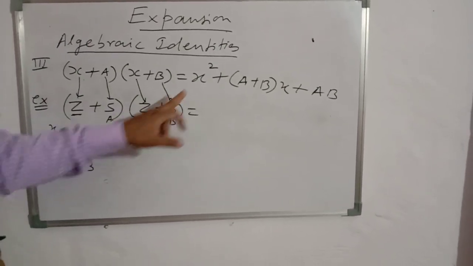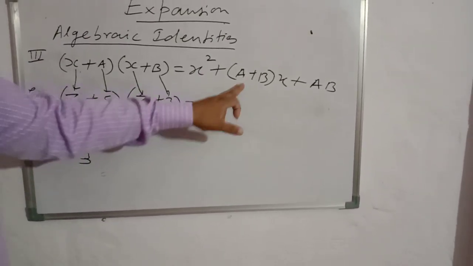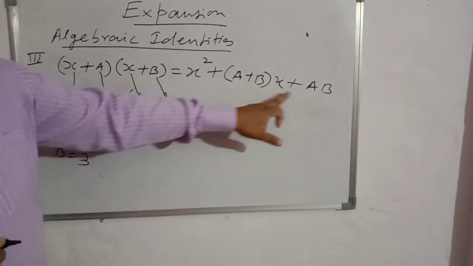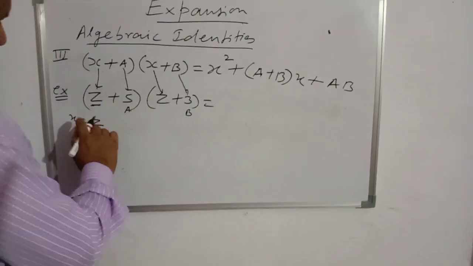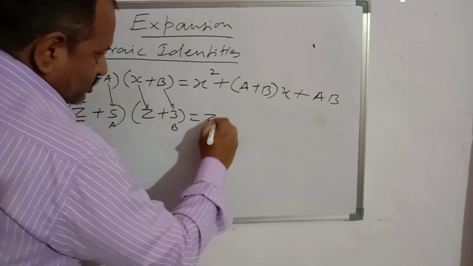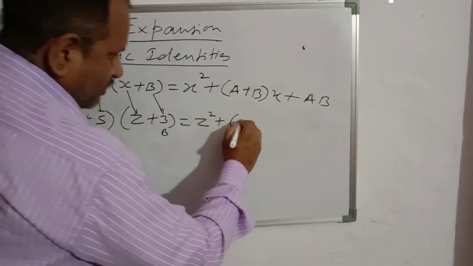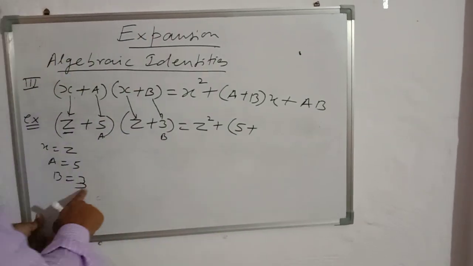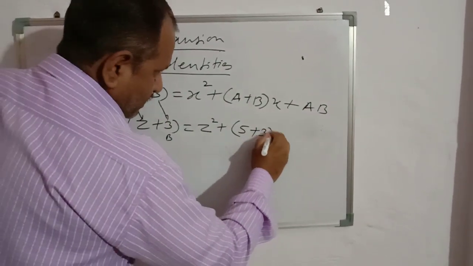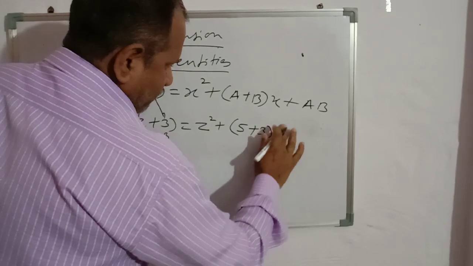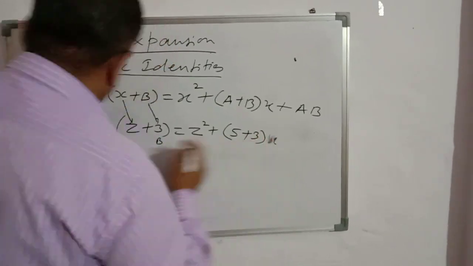We will put the value of x as z, a as 5 and b as 3 on the right side. So x is z, right here z square plus a is 5 plus b is 3, put here 3, multiplied by z in place of x.